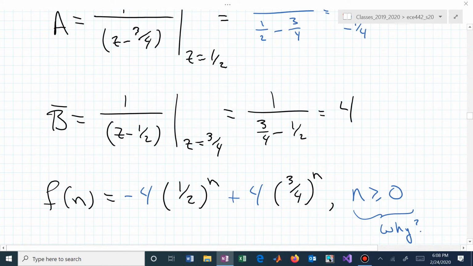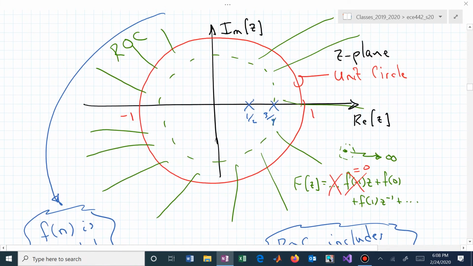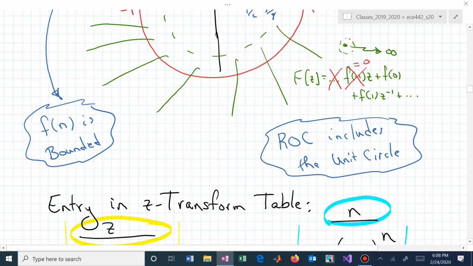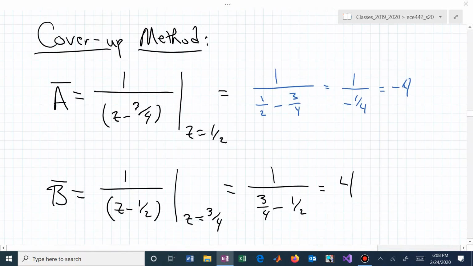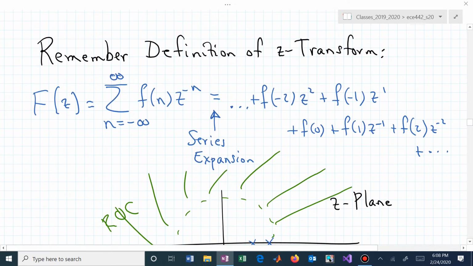Why do we know that? Why do we know n was greater than or equal to 0? That was our drawing before, wasn't it? We were given the fact that our region of convergence was outside of 3/4. So we could do it different ways, but remember the definition of the z transform.